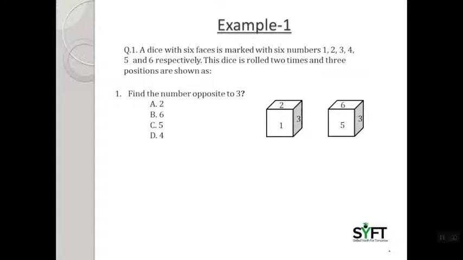So let's find one example. A dice with 6 faces is marked with 6 numbers from 1 to 6 respectively. The dice is rolled 2 times and 3 positions are shown. So this is the dice rolled the first time and rolled the second time.